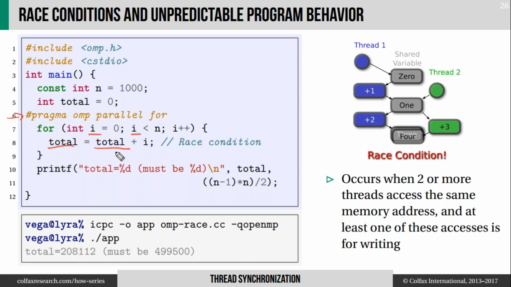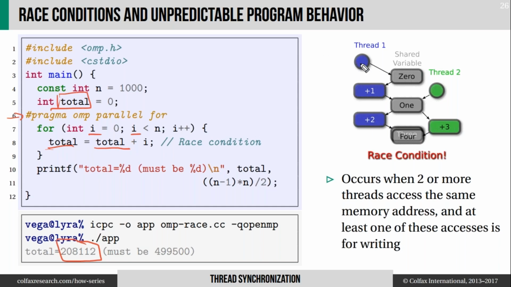When I run this parallel code, I will get a result that is incorrect. And furthermore, every time I run this code, I will get a different result. So my program is incorrect and unpredictable. This occurs because of a data race. The variable total is shared between threads, and different threads are trying to increment it at the same time.